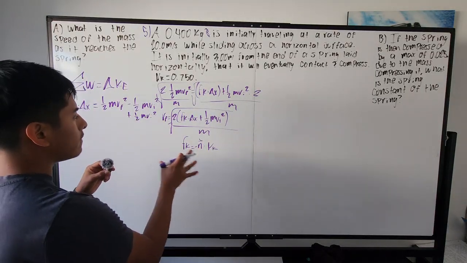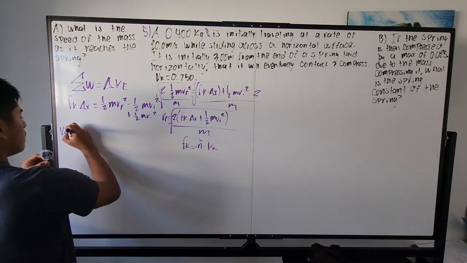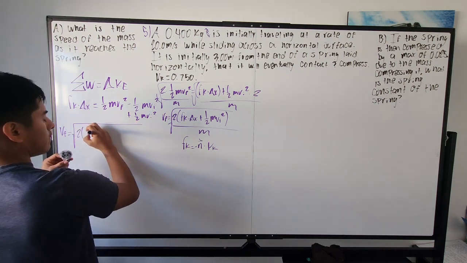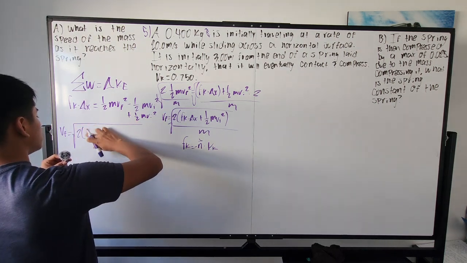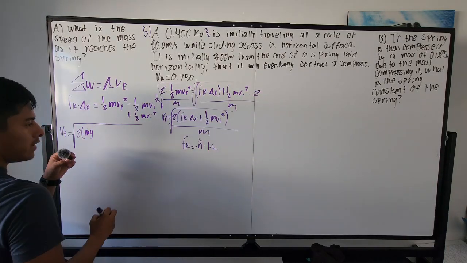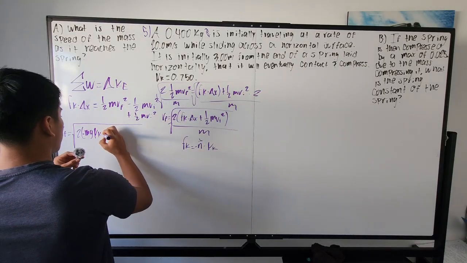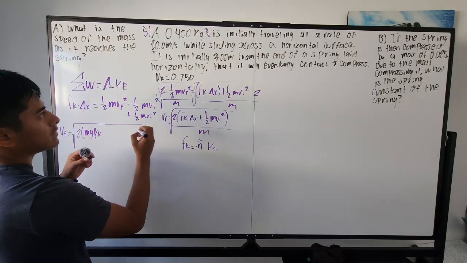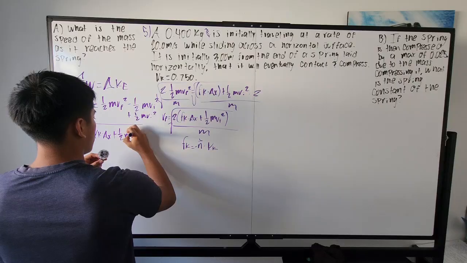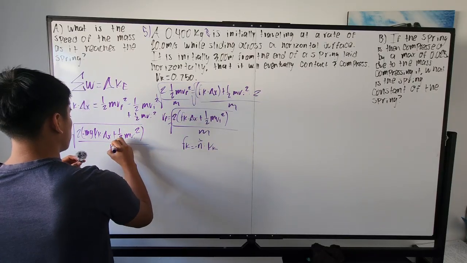So we have velocity final equals the square root of 2 times the normal force, which is equal to mg. I'm going to write that negative already. Negative mg mu k multiplied by delta x, plus 1/2 mv initial squared, all over m.